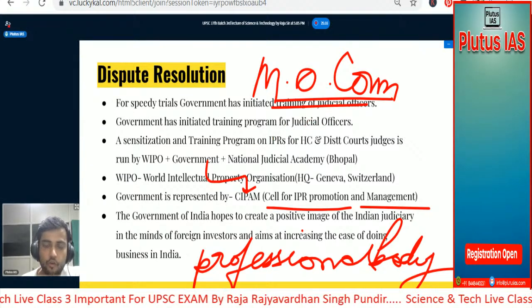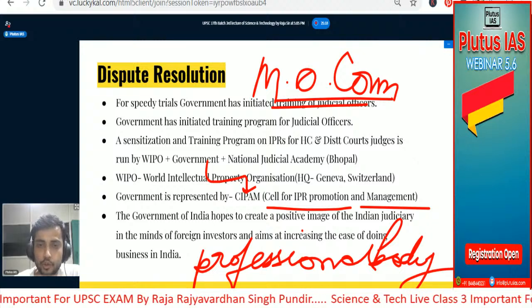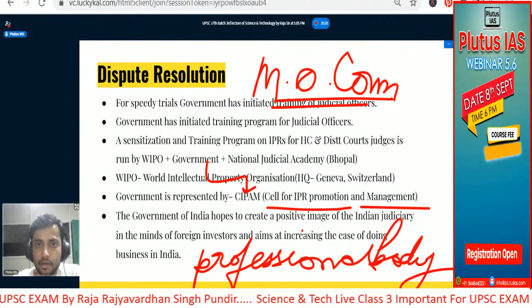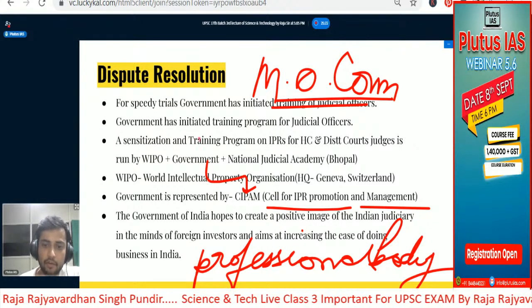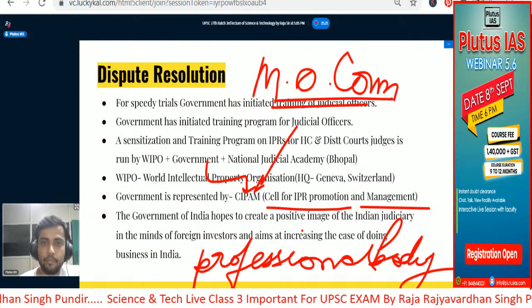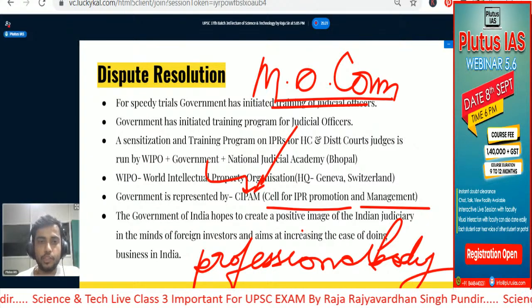Under the Ministry of Commerce, we have the Department for Promotion of Industry and Internal Trade. And under the same department, we have this CIPAM, Cell for IPR Promotion and Management.